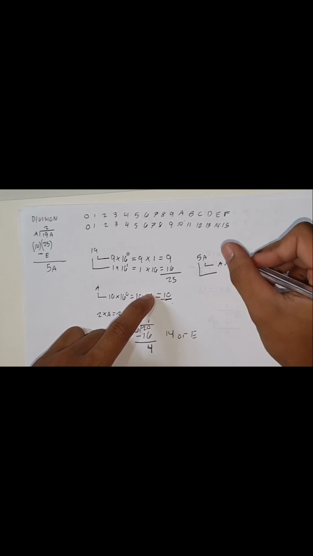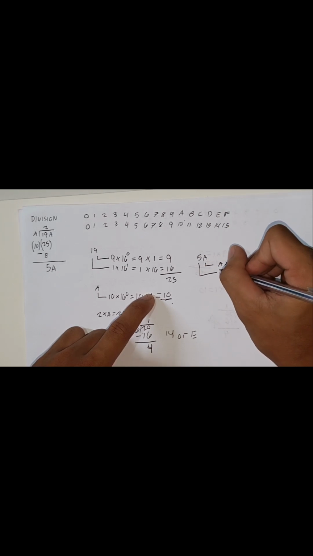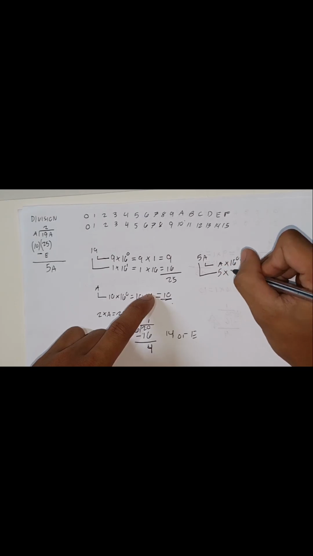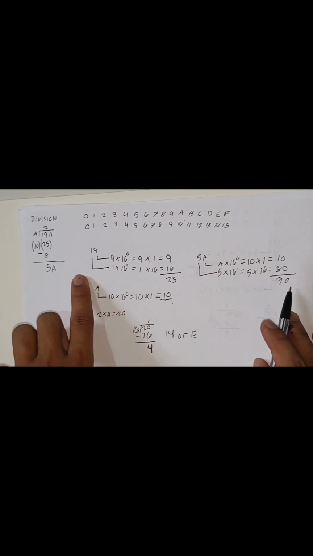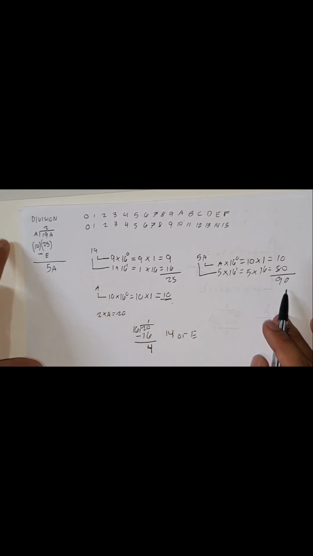So we need to move to the number 5. Number 5 times 16 raised to the power of 1, which is 16. So 5 times 16 is 80. So we have 10 plus 80 is 90. So 5A in hexadecimal is 90 in decimal.